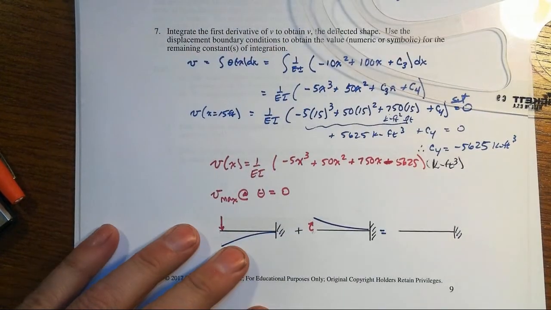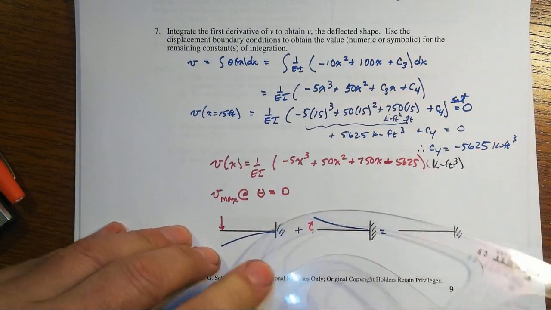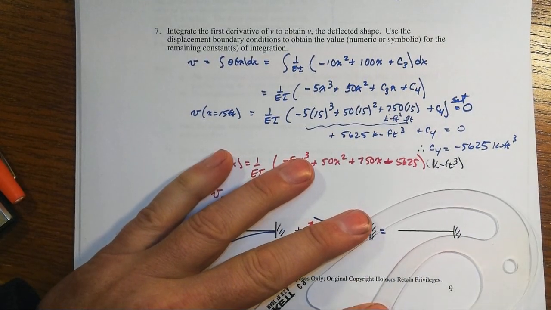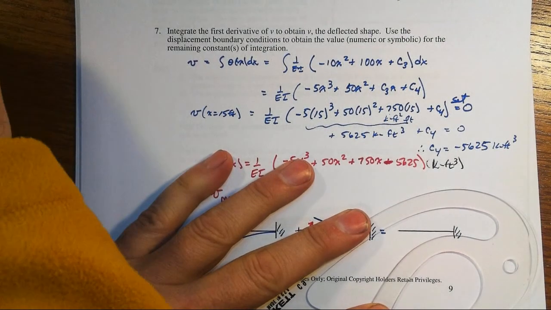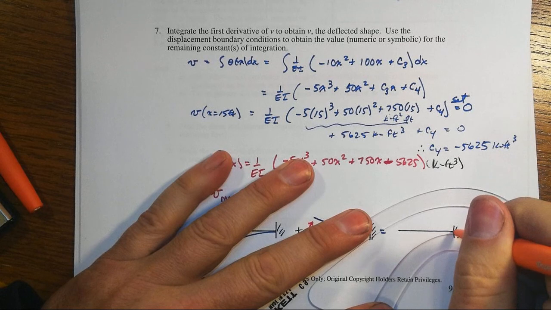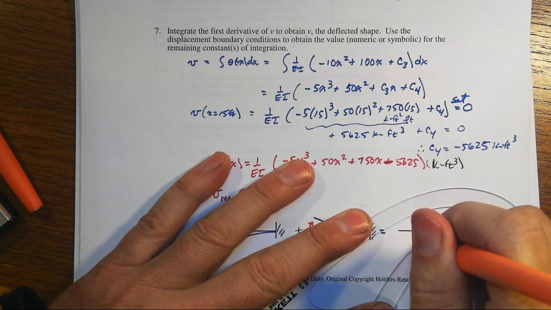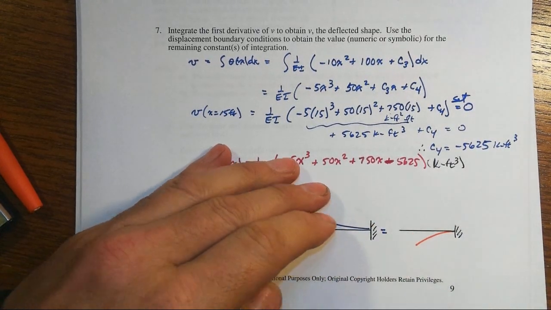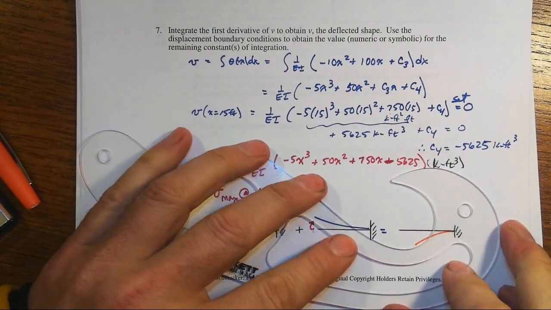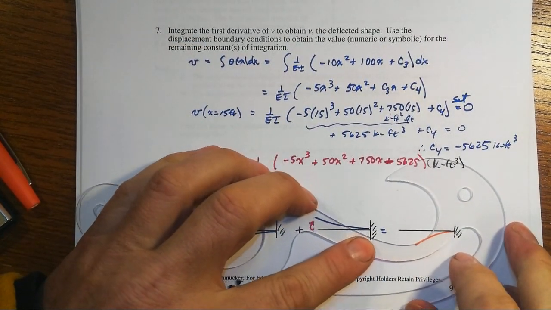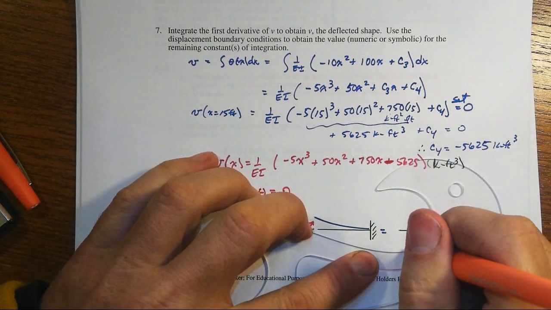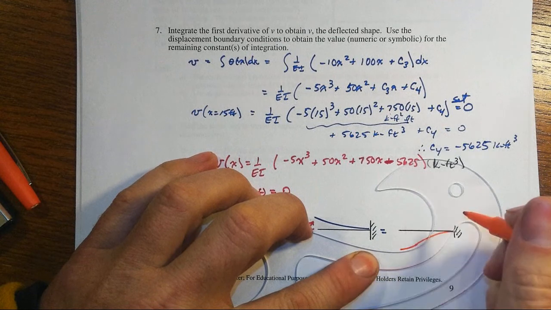Now that's not a point of 0 displacement. That just says that I go back, I've got frowny face curvature that is largest over here by the support, and that goes along for 10 feet from the right hand support, because the moment is like that. Right, so that goes down like that, and then we start to swing back the other way. I don't know how far we swing back, but we start to swing back the other way with the positive curvature.